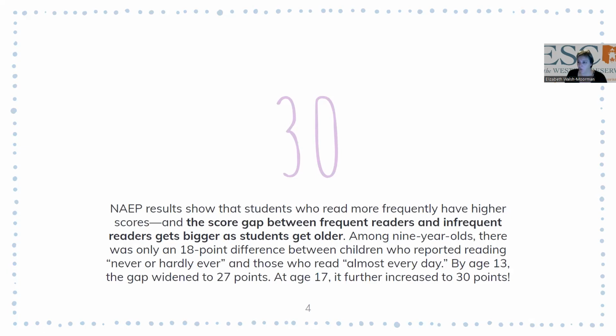Because what we know is that students who are frequent readers perform better. The older the students get, the more that frequent practice can impact their achievement. So that by the time our students are 17, there's actually a 30-point difference between frequent readers and infrequent readers on their performance in the NAEP reading scores.